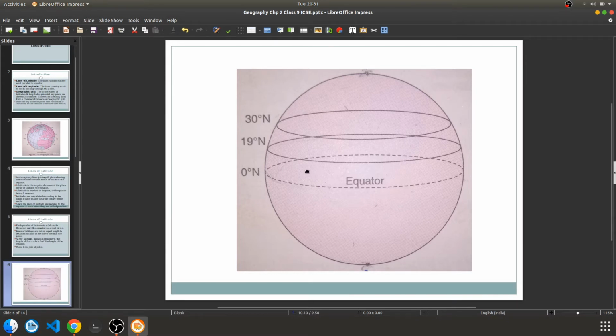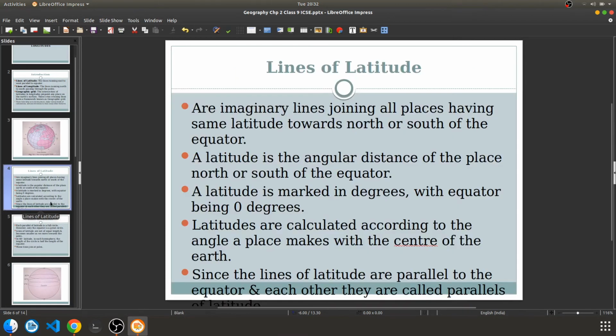That means these lines of latitude show us distance either north or south. Understand this: the lines move from east to west, but they indicate the distance in terms of north or south. This is the main point.